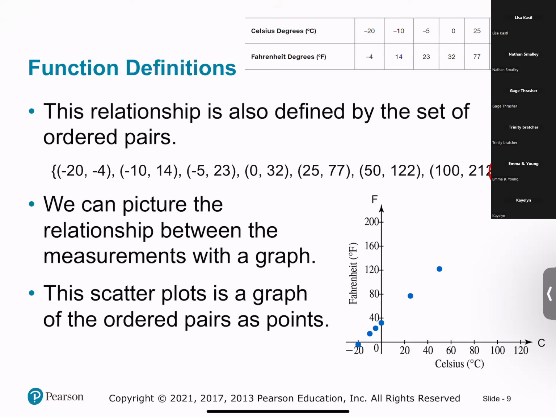This relationship that's represented in this table between degrees Celsius and degrees Fahrenheit, we can create a set of ordered pairs that relates those two values. So (-20, -4), (-30, 14), (-5, 23), etc. And that is a set of 7 ordered pairs showing the relationship between Celsius and Fahrenheit.